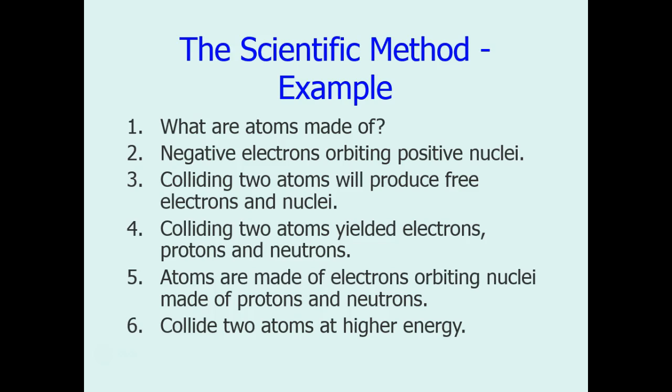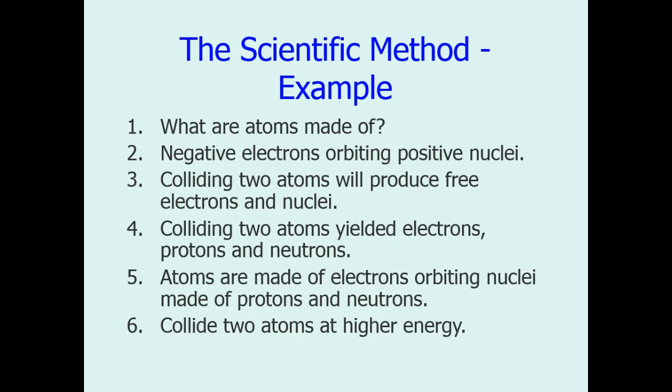The electron cloud, which had almost no mass at all, took up most of the volume. So most of the atom was empty space with a very small but massive nucleus in the middle. Different experiments had them go back and go through the model again and again, improving the models.